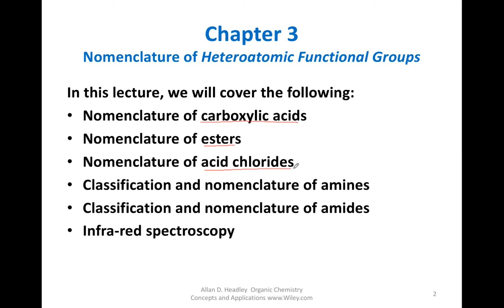Acid chlorides, and amines, and amides, and lastly we'll look at infrared spectroscopy. This is a technique that's used to determine the functional groups that are present in unknown molecules. But we'll say more later on.